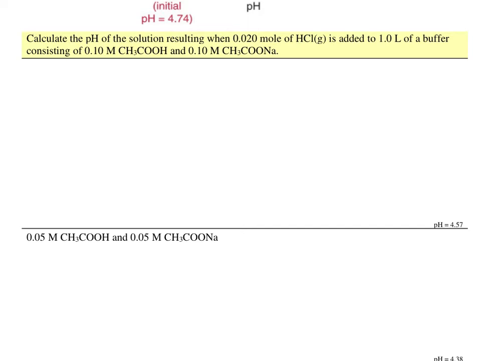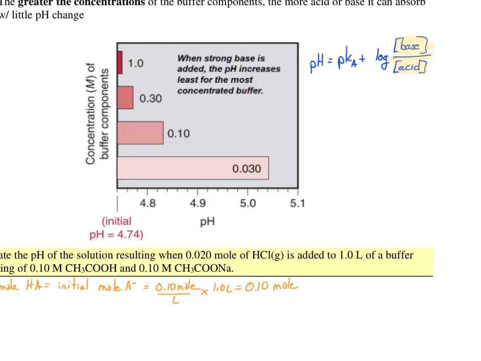Let's calculate the pH change of adding a strong acid to a buffer. In this case, it's an acetate buffer, and the concentration is 0.1 molar of each the acid and its conjugate base. This is a buffer. We're going to be using the Henderson-Hasselbalch equation to calculate our pH. So we're going to have to calculate our new concentrations of our base and our acid after this amount of acid is added.